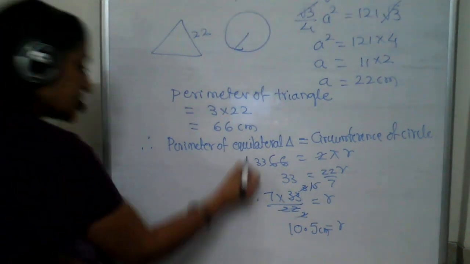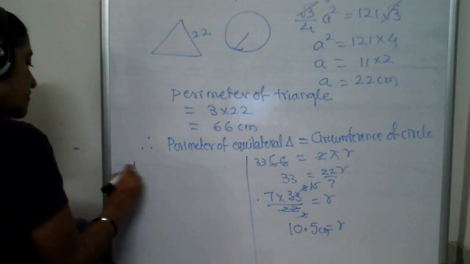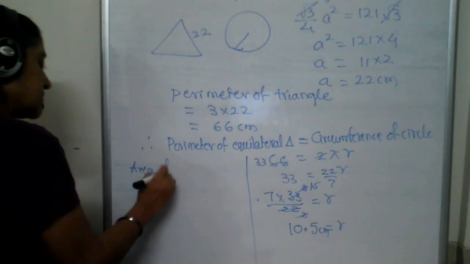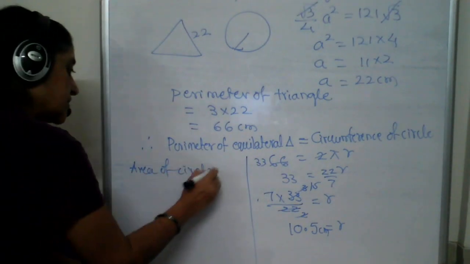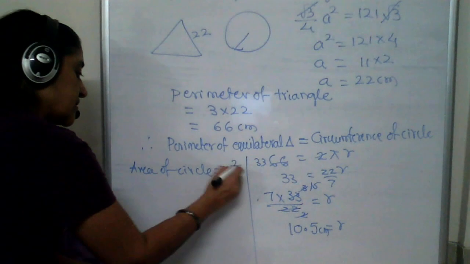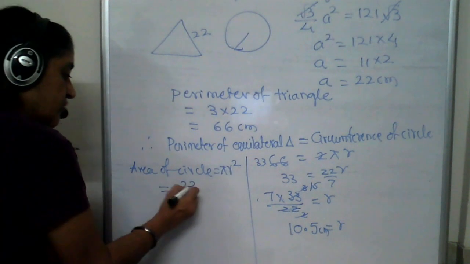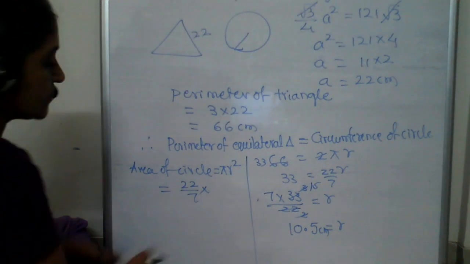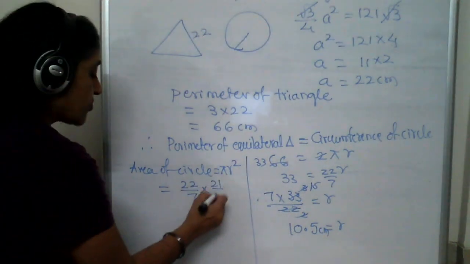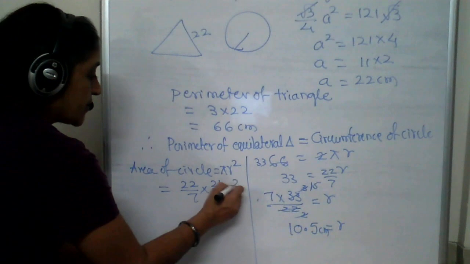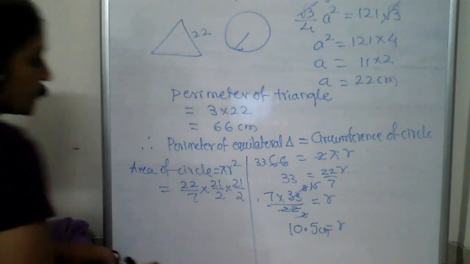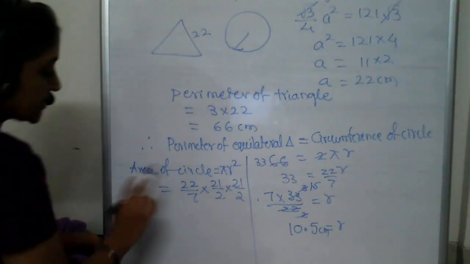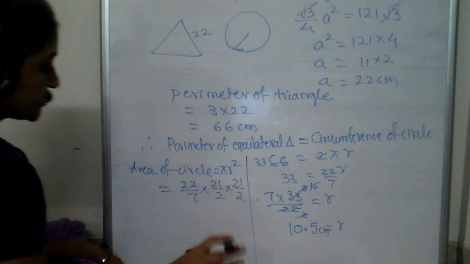Area of the circle is given by what? Area of circle is equal to pi r square. Now what it will be? Pi is 22 by 7, and in the question earlier I told you 10.5 is nothing but 21 upon 2, into 21 upon 2. Now don't you think that this calculation and the earlier calculation are almost the same?